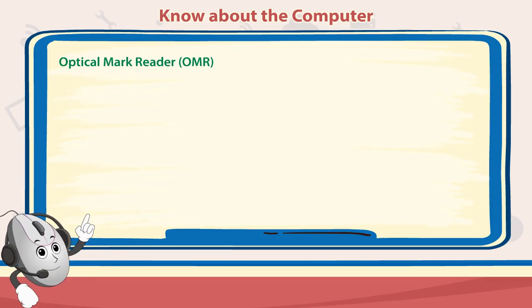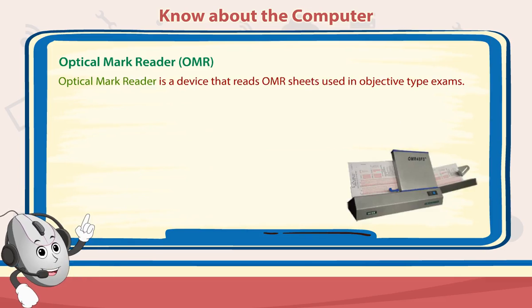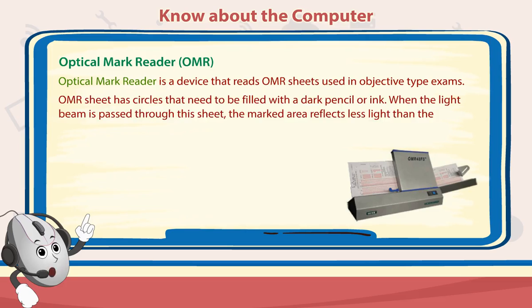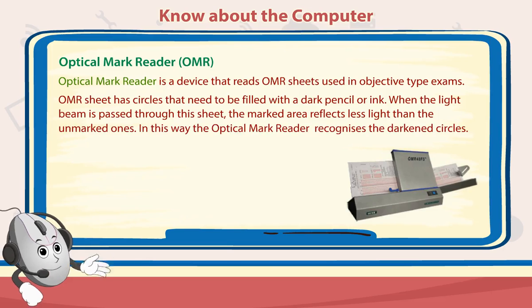It consists of a light source, a lens, and a light sensor. Optical mark reader (OMR). Optical mark reader is a device that reads OMR sheets used in objective type exams. OMR sheet has circles that need to be filled with a dark pencil or ink. When the light beam is passed through this sheet, the marked area reflects less light than the unmarked ones.